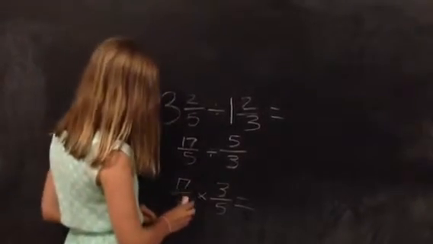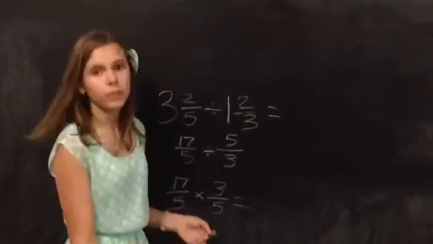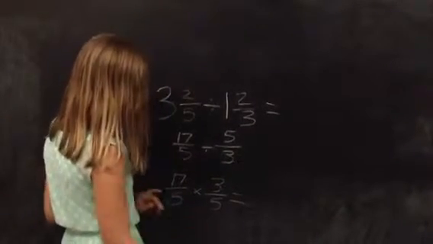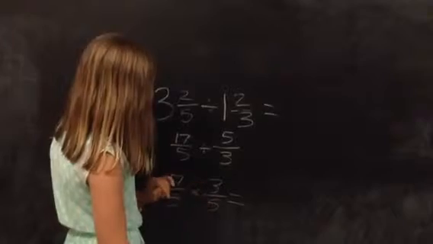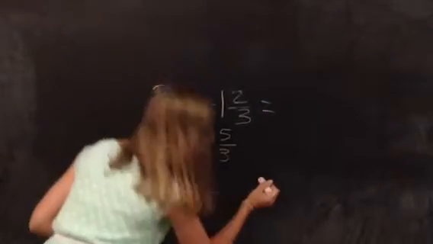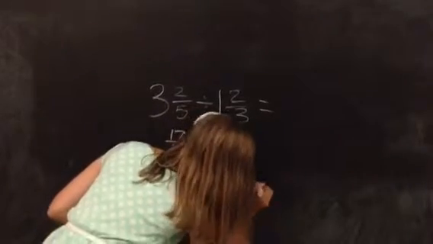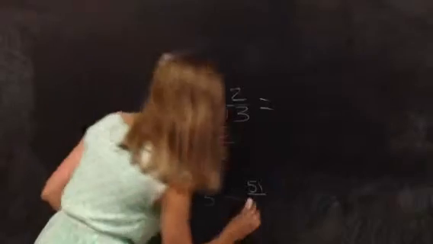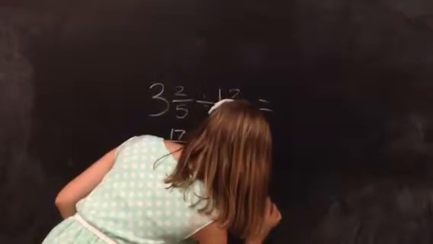So 17 and 5 have nothing in common. So they do not have a GCF, and neither do 5 and 3. So 17 times 3 is 51, and 5 times 5 is 25.